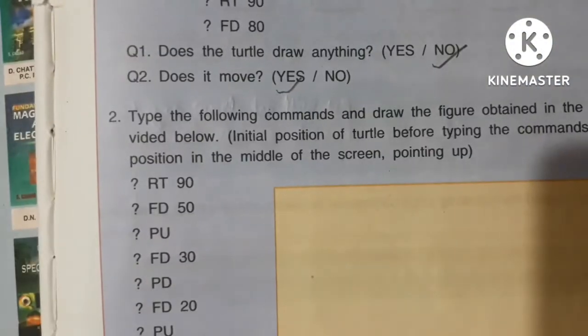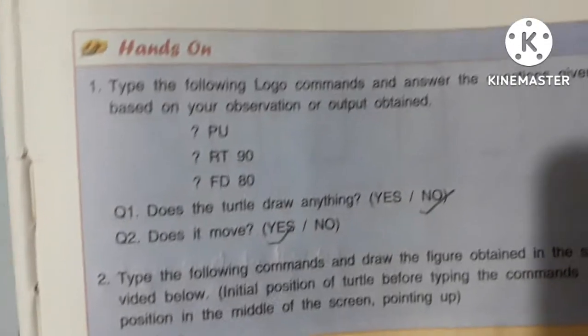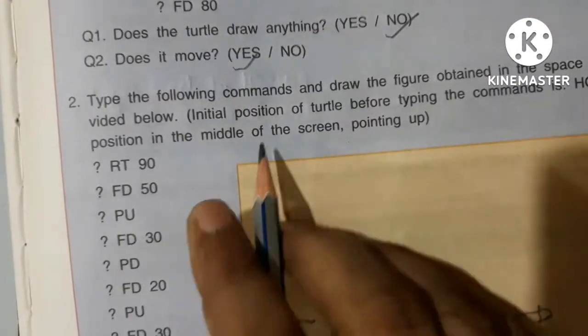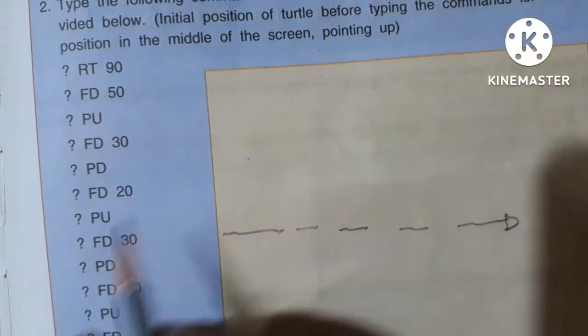Here also yes, no, here yes, and here type the following commands. Here you have to type and then to know about the command.